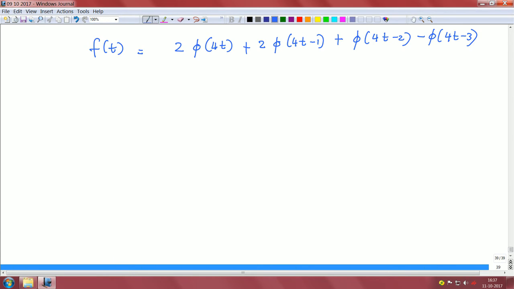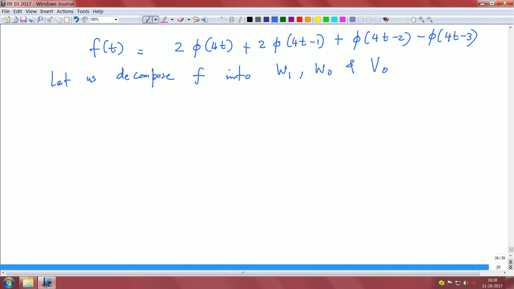Now, let us do the wavelet decomposition. So, let us do a wavelet decomposition of f into spaces W1, W0 and V0.